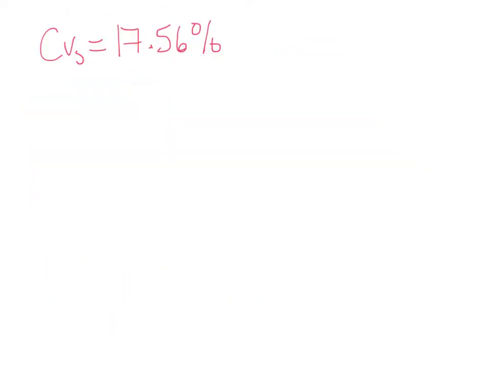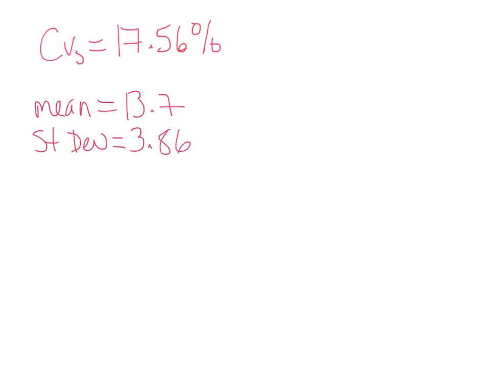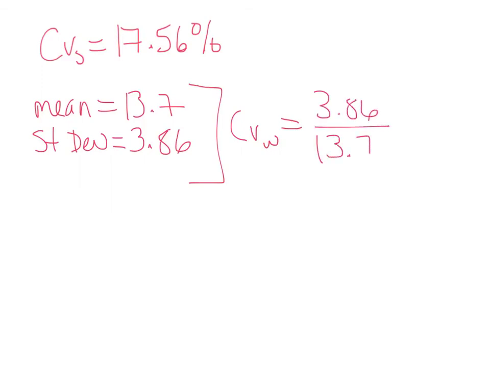So now we're going to do the variation for winter. So the mean for winter, just because I've erased the information, is 13.7, and our standard deviation is 3.86. So for our CV, our coefficient of variation for winter, I'm going to take my standard deviation, which is 3.86, and divide that by the mean, which is 13.7, and multiply that by 100%, so I get it in percent.